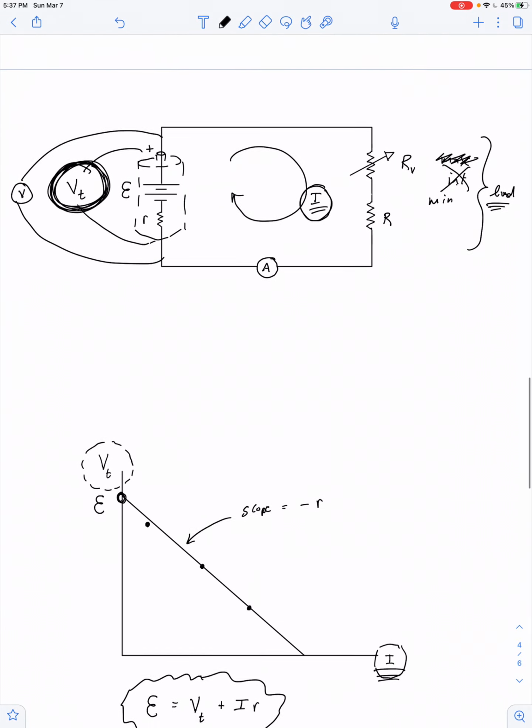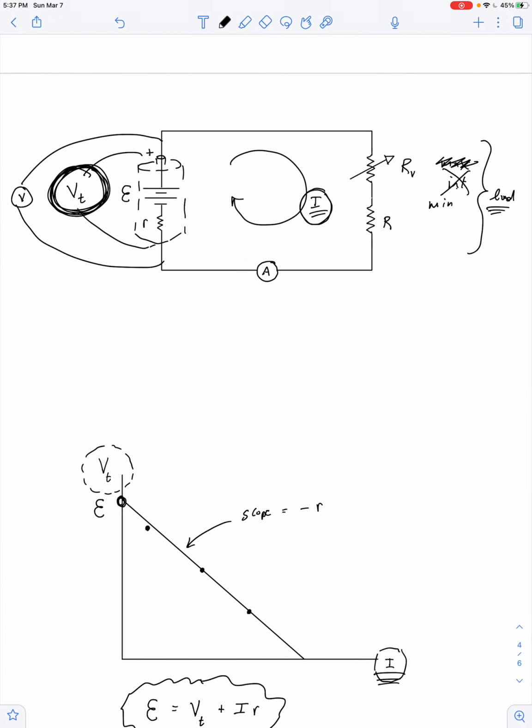Let's go back to this diagram and pick any point we want to. Let's pick this point here. Now, that's a point we couldn't actually access with a wire because it's internal to the battery. But as far as looking at the circuit diagram, we're welcome to analyze that point. So as we work our way around the loop, we can say there is a gain in electric potential equal to the idealized voltage of the battery.